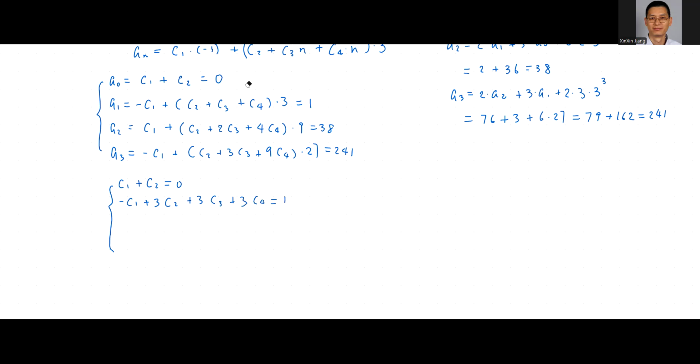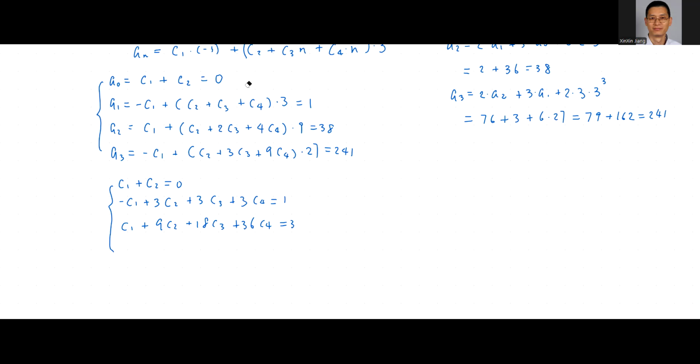And then you have C1 plus C2 plus 18C3 plus 36C4 equals 38. Sorry, I wrote 36 and I said 38, I said 39, but actually the number should be 38.